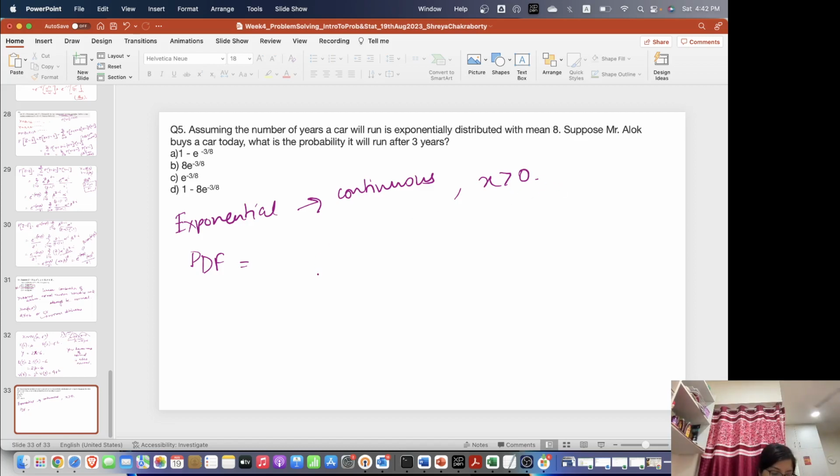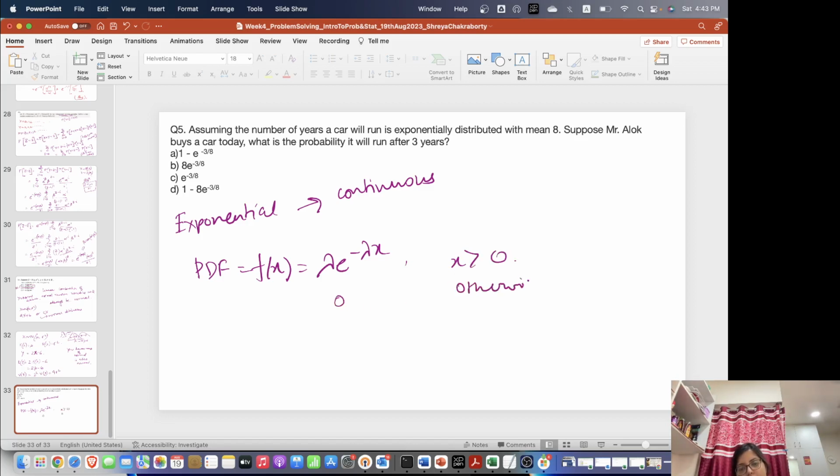So the PDF of x we can write as lambda e to the power minus lambda x, where x is greater than 0, and 0 otherwise.